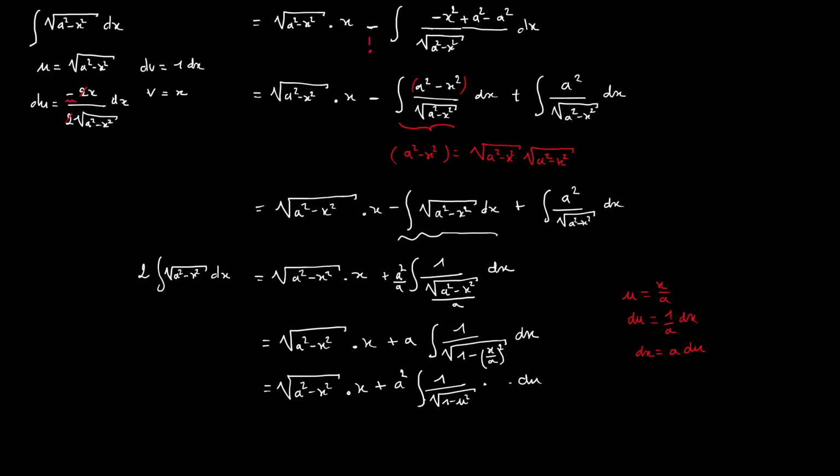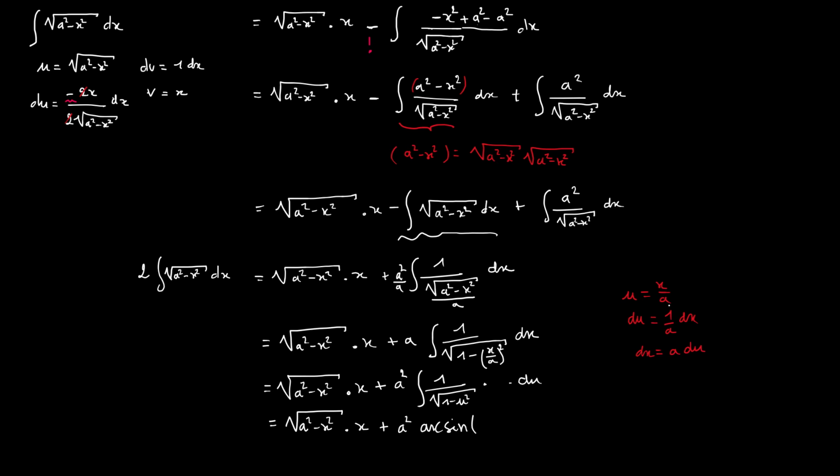Right? Now that you have that, all you need to do is solve this. This is just a primitive one, so you find that this is the square root of a squared minus x squared times x plus a squared times the arcsinus of u.